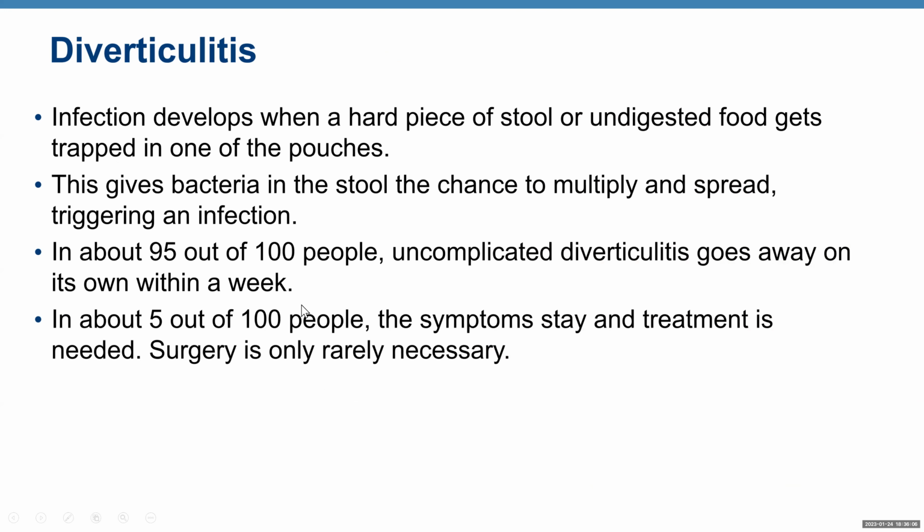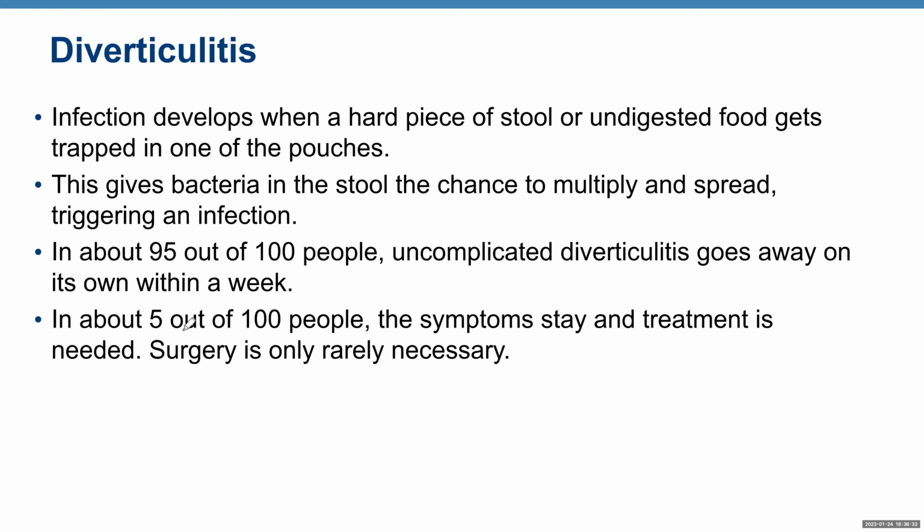Infection develops when a hard piece of stool or undigested food gets trapped in one of the pouches. This gives bacteria in the stool the chance to multiply and spread, triggering infection. About 95 out of 100 people have uncomplicated diverticulitis. It goes away on its own within a week.